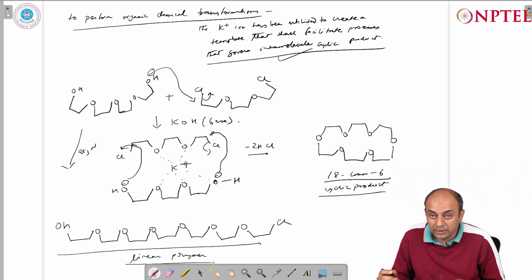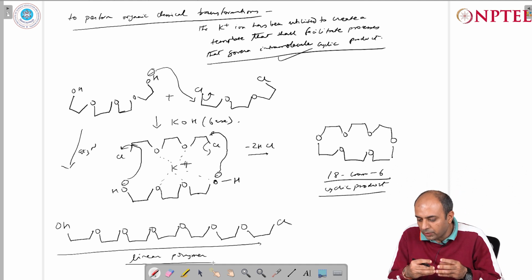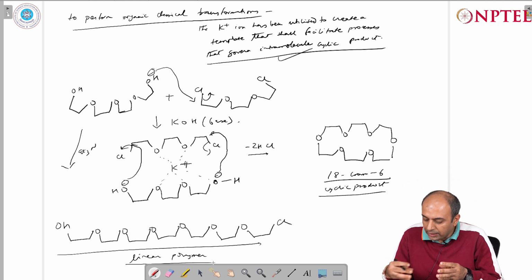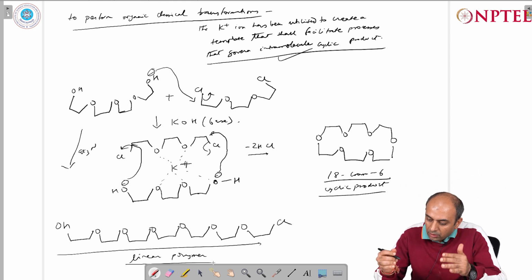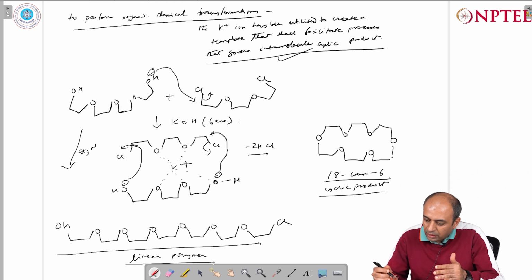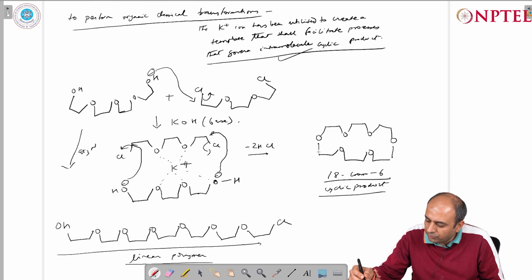So, essentially it leads to an intermolecular process, and I get a long chain polymer, and the possibility of a cyclic reaction to take place is very remote. So, getting the cyclic product is very difficult.